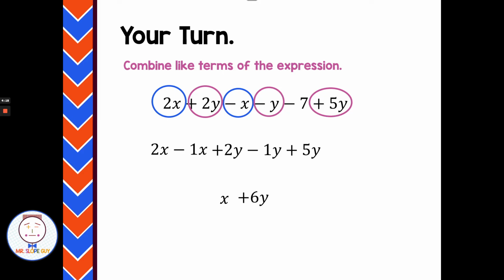There's no other constants to combine with negative 7, so I'm going to just bring negative 7 down into my answer. Now, it wouldn't be wrong if I had it in another order, but alphabetical would be best with the constant at the end. It's one of those good, better, best, not necessarily wrong. The minus has to stay with the 7, but if I have the 6y first or the x in the middle, that'd be fine as well.